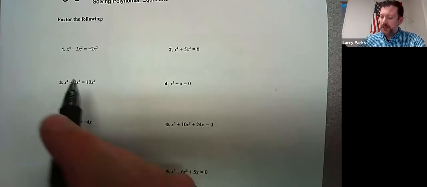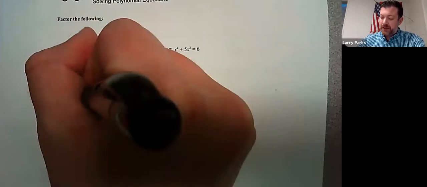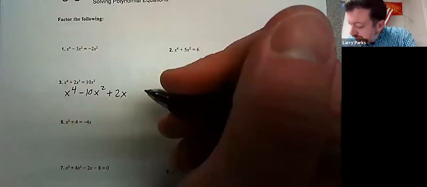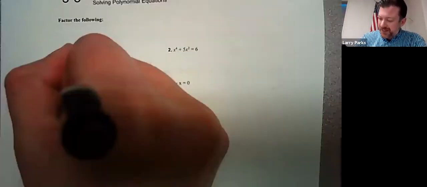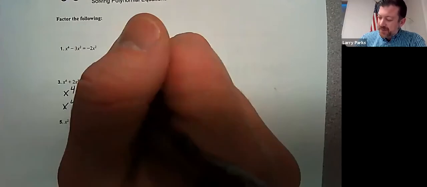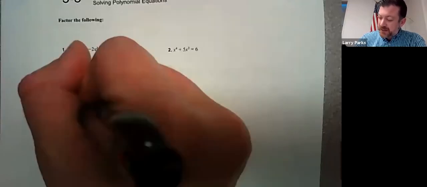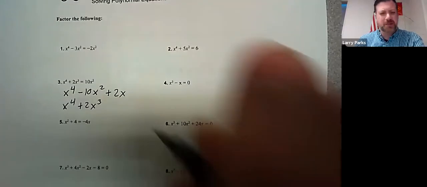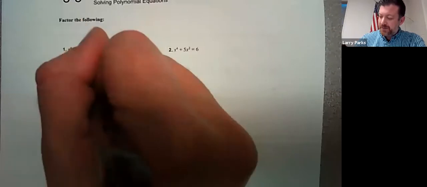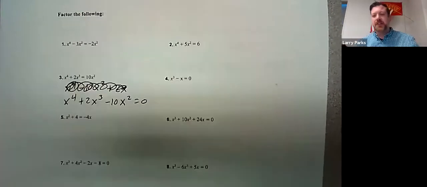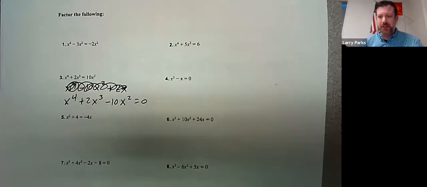So for this one, it would be x to the 4th, oh, that's a 3, oops. So that'd be x to the 4th plus 2x cubed minus 10x squared. So just make sure you move everything to one side first before you factor.